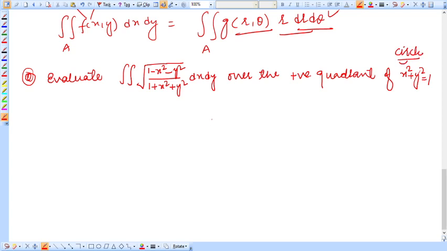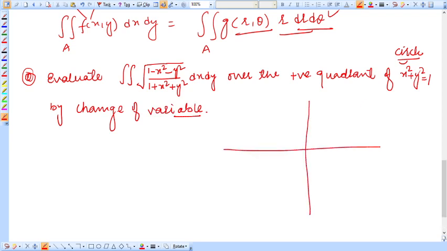So by the change of variables. This is your circle, and this is the positive quadrant of the circle.